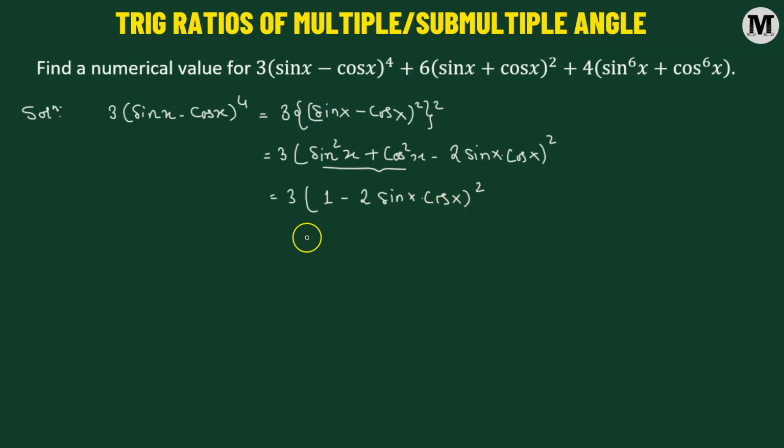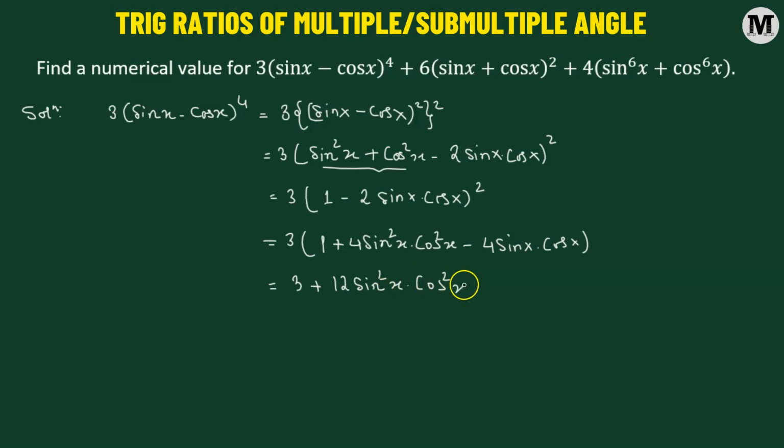Now furthermore, we'll again expand 1 minus 2 sine x cosine x whole squared, and that should give us 1 plus 4 times sine squared x times cosine squared x minus 4 times sine of x times cosine of x, and multiplying each term with 3, we get 3 added to 12 times sine squared x times cosine squared x minus 12 times sine of x times cosine of x.